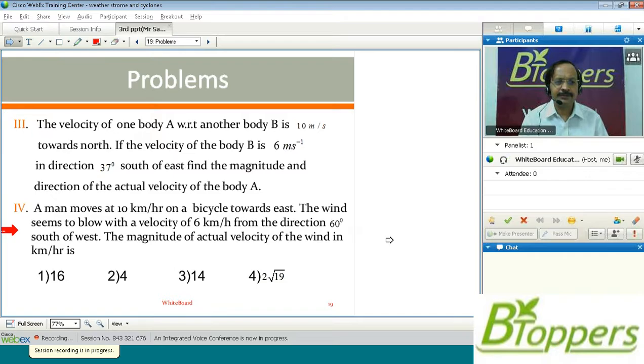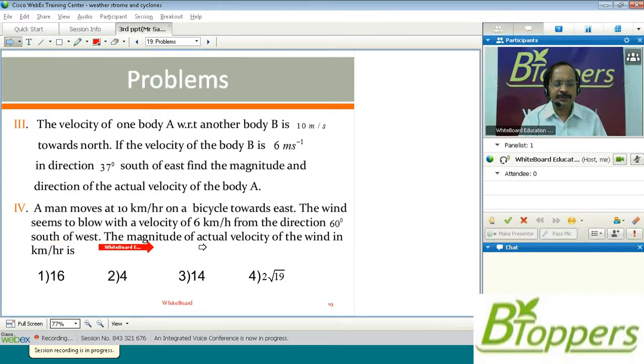Let me read out the problem. A man moves at 10 km/h on a bicycle towards east. The wind seems to blow with a velocity of 6 km/h from the direction 60 degrees south of west.